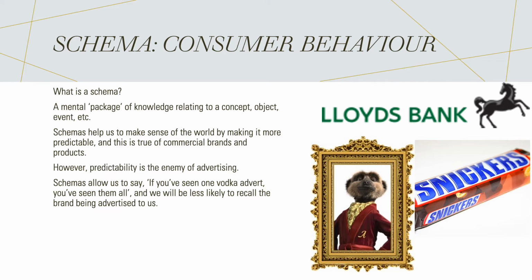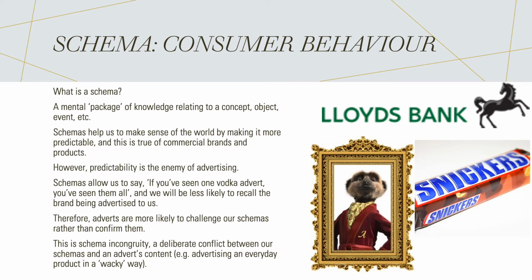For example, right now, I can just think of the Keira Knightley perfume advert, but I have no idea what perfume it is because it's so similar to all the other perfume adverts. Therefore, adverts can sometimes try and challenge our schemas rather than confirm them. So they'll put out adverts that are a little bit more wacky to deliberately conflict with our schemas of things.